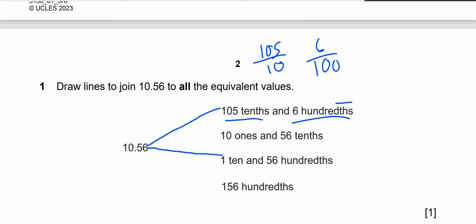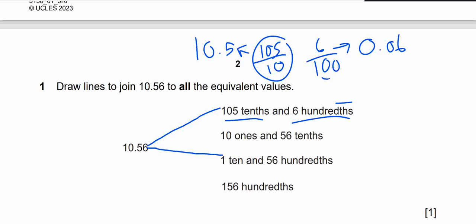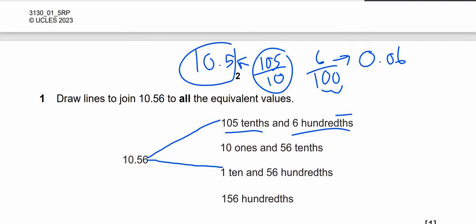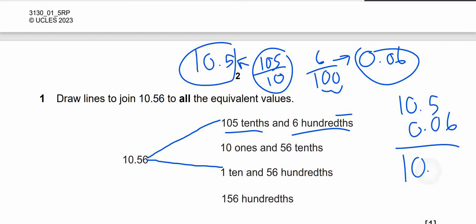So this part becomes 10.5, since 105 divided by 10 is 10.5. This part becomes 0.06 as it's divided by 100, and we add this one with this one. So 10.5 plus 0.06 is 10.56. We hope it's clear for this one.